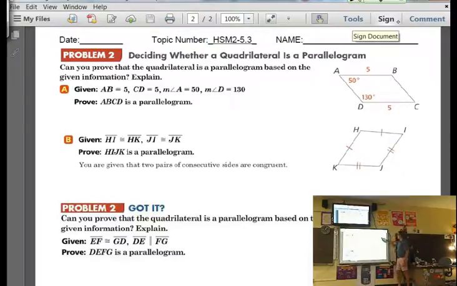So if I extended this line out and extended this line out, and they're parallel, but the line that comes through it, my secondary transversal, is not at quite the right angle, so that's not quite parallel, then this length on top would be longer than this length on bottom, because it angles up and covers more distance. Same if it angled in and covered less distance. So when I see those congruent lengths, that ties it all together.